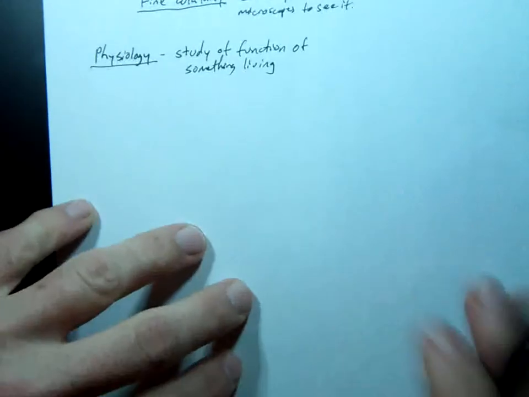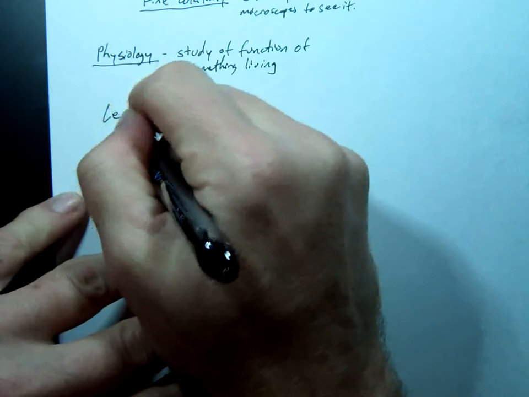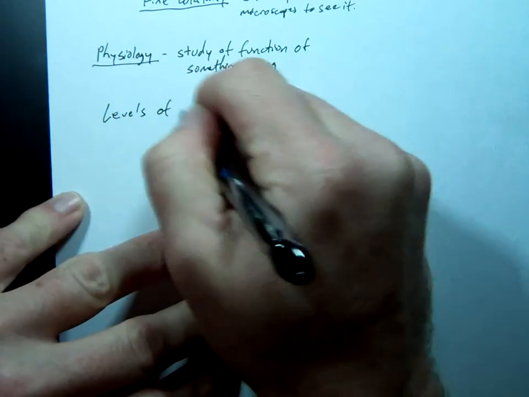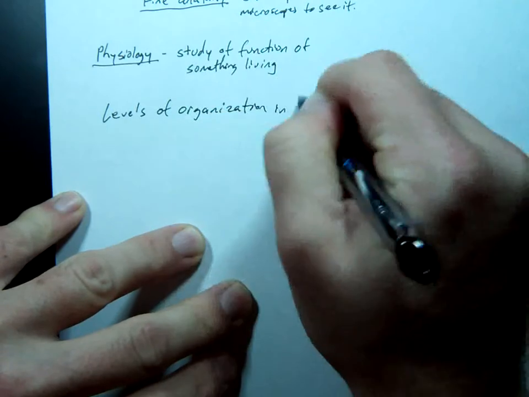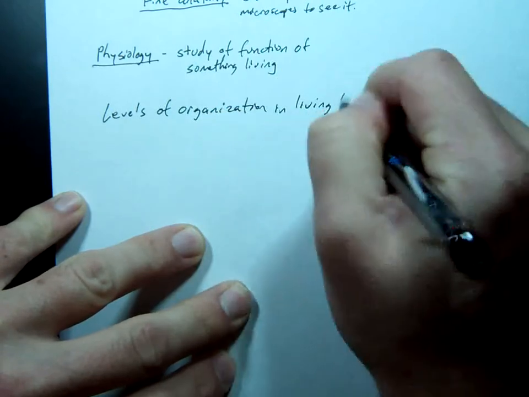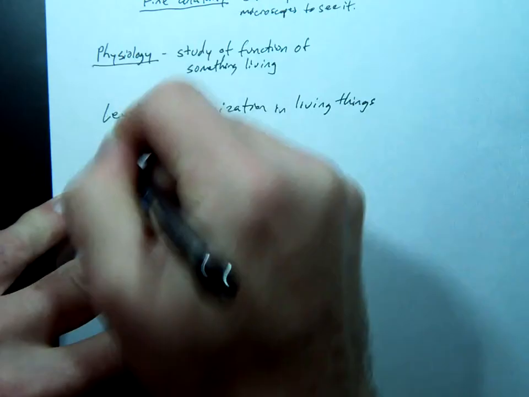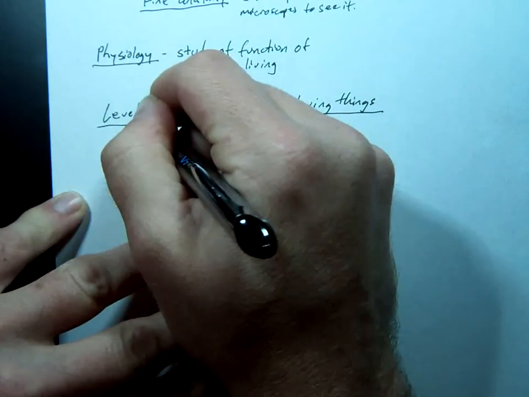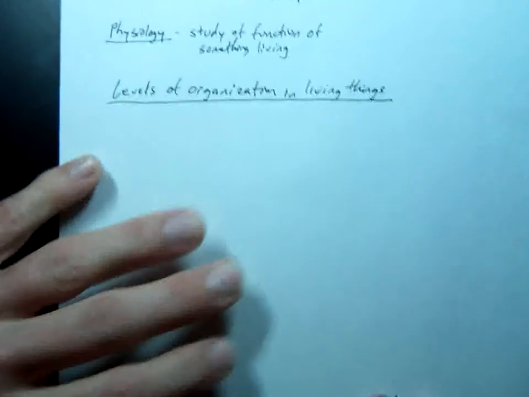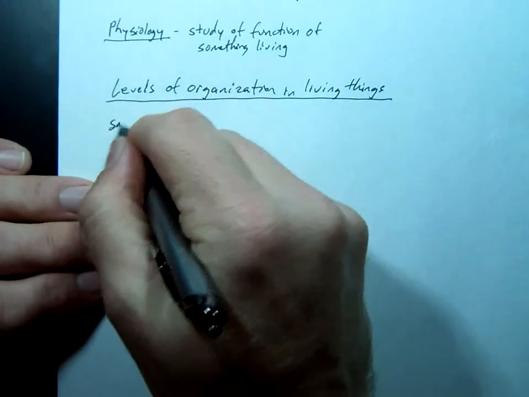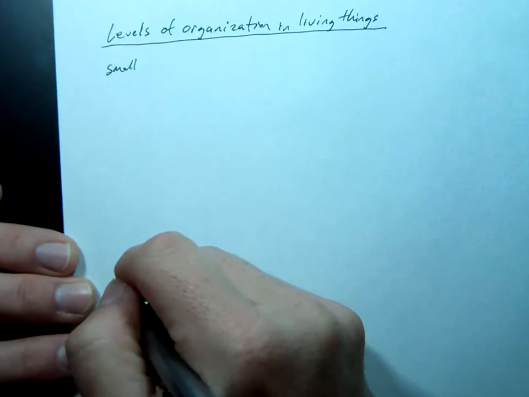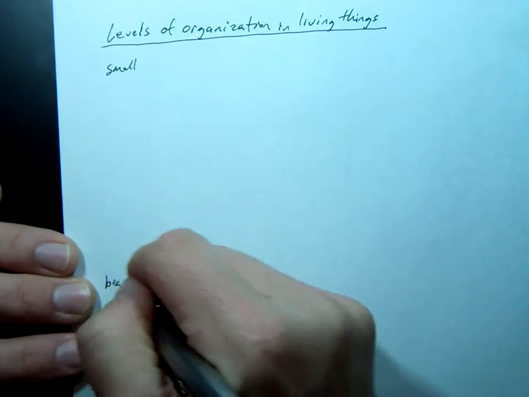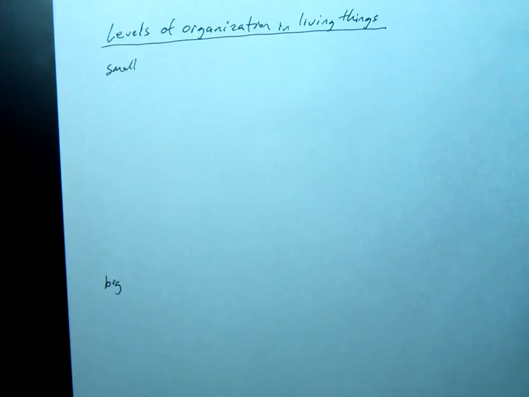Go to levels of organization in living things. Levels of organization in living things. And we'll start small and work our way to big. I told you yesterday on that sheet, the universe is made of Legos. Legos called what?